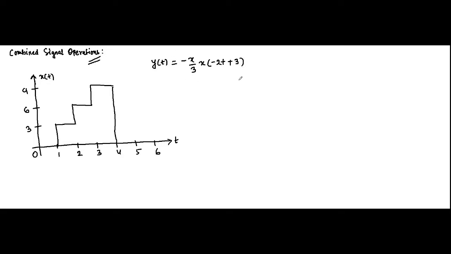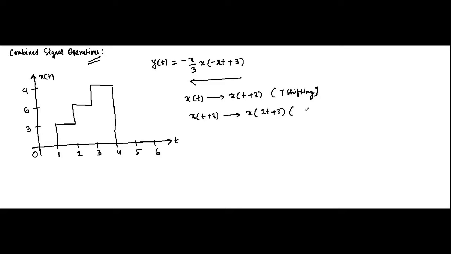So the way we see it proceeding from one end to the other, we can break it down as the original signal x(t) to x(t+3) first, that is time shifting. Then x(t+3) to x(2t+3), time scaling.